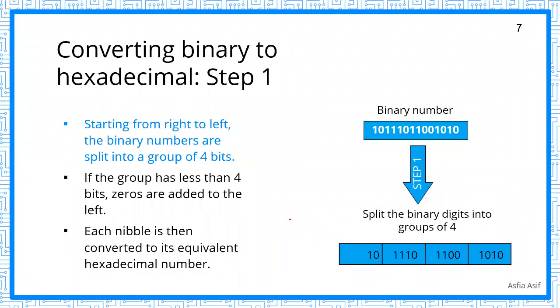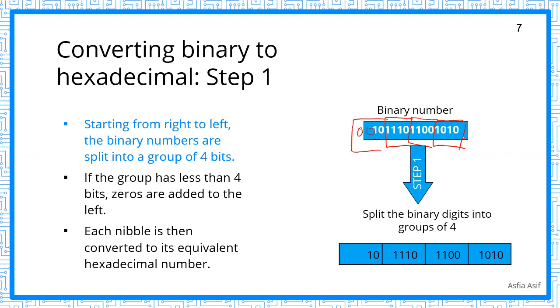Converting binary to hexadecimal. So we need to split it into groups of 4. If there are some extra bits left, you add the leading zeros to make it 4.